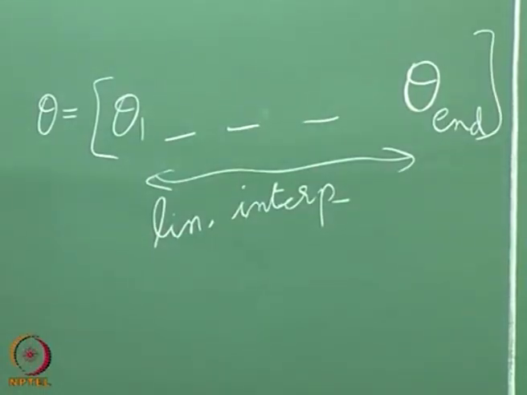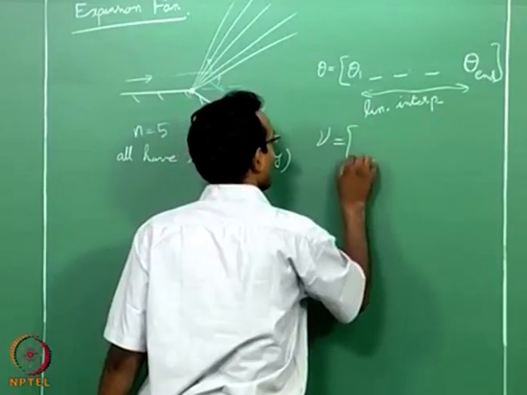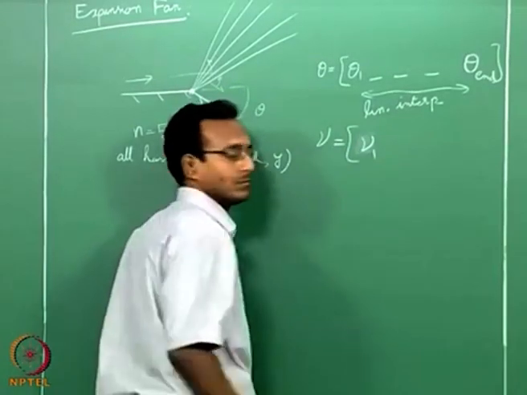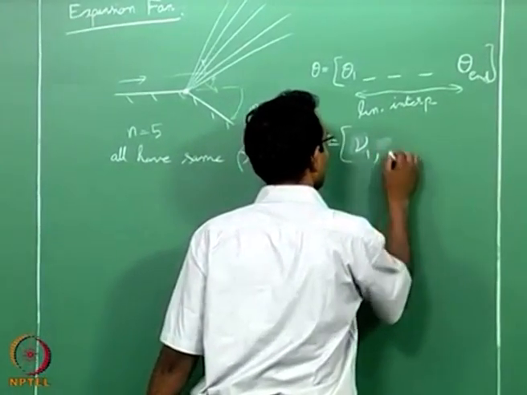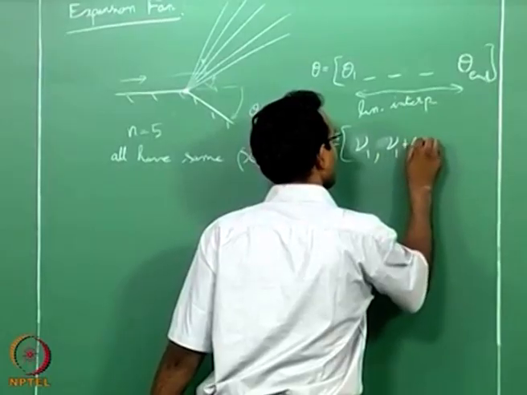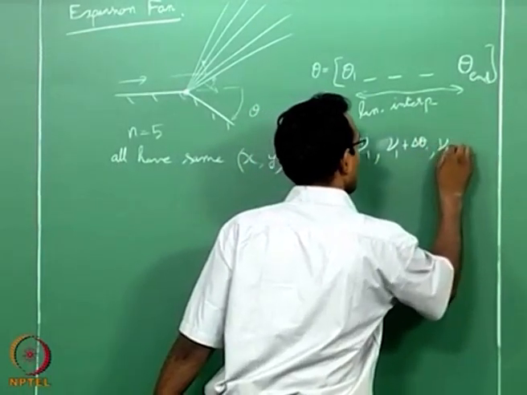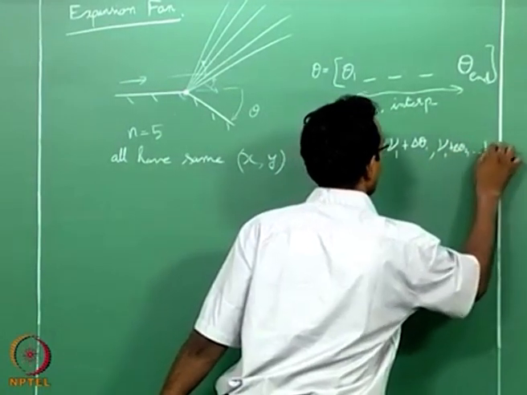Now, once I do this, I go back and ask the expansion fan, what should I do? Delta theta equal to delta nu. So, nu will come out to be nu 1, second one is nu 1 plus delta theta 1, then nu 1 plus delta theta 2, etc., up to the last one, nu end.